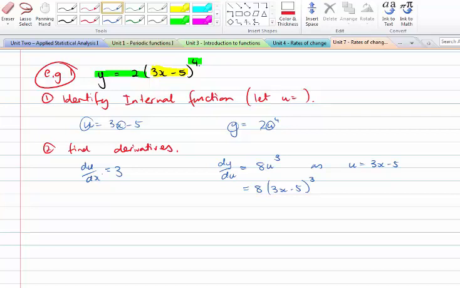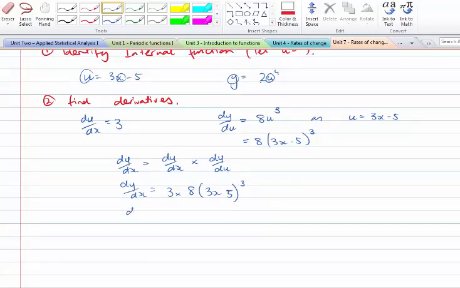Okay, so we've got our du/dx, we've got our dy/du, so our derivative of the function at the start is y with respect to x, which means we get dy/dx will be equal to du/dx multiplied by dy/du. dy/dx will be 3 multiplied by 8(3x − 5) to the power of 3.